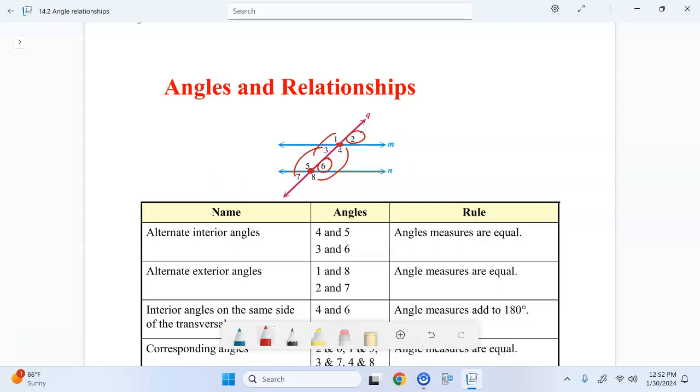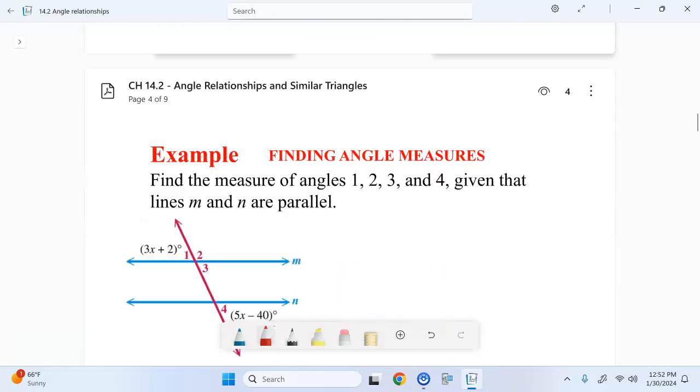So when we're looking at a transversal, we're only going to have really two angle measures, because so many of them are congruent or supplementary. Once we get those two numbers, we can use these relationships to figure out what any and all of them are.